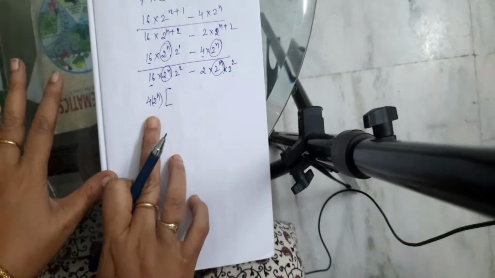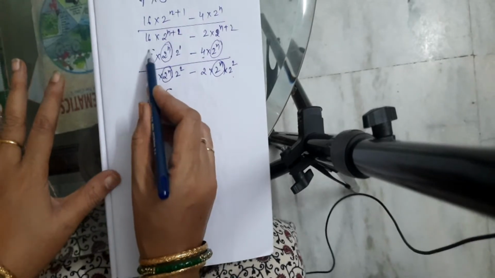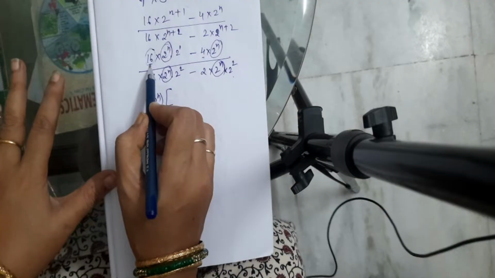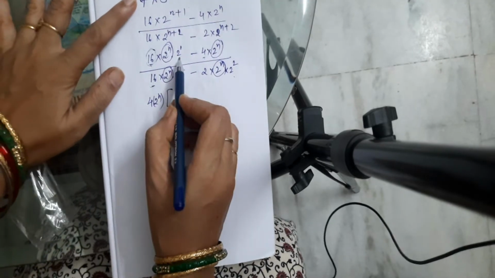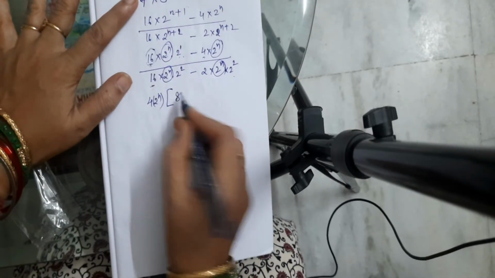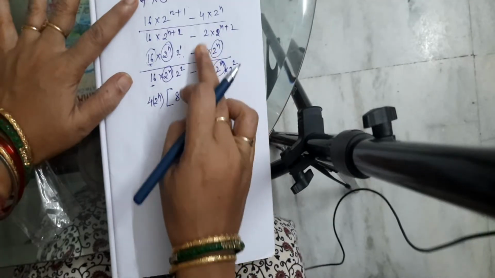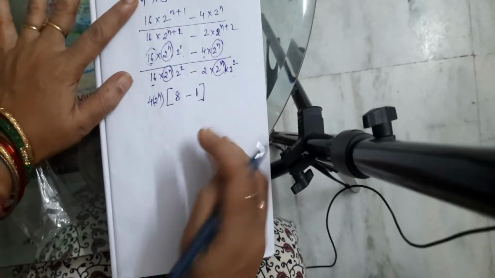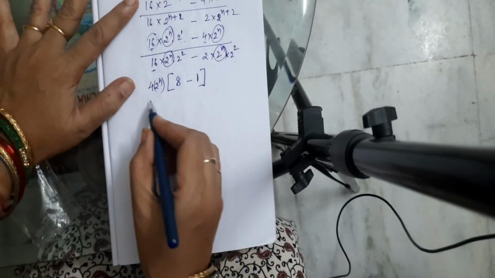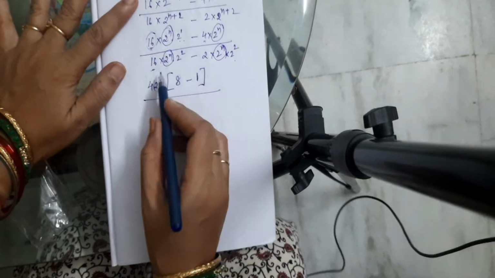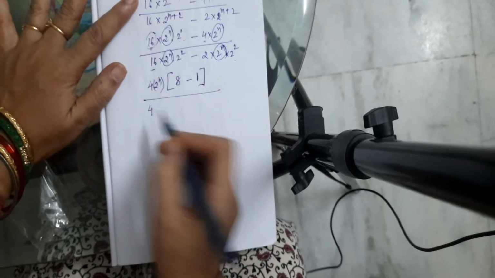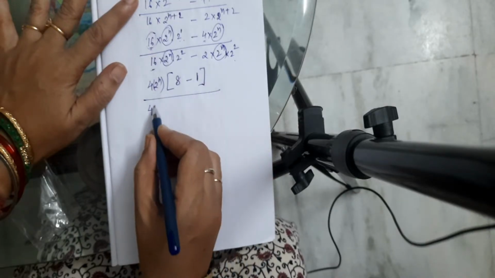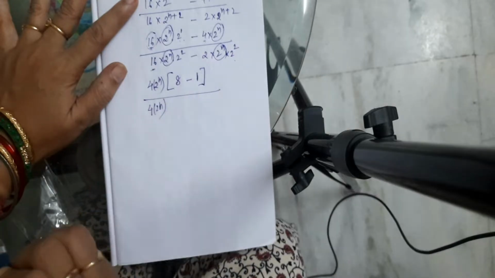If I take 4 common, I am left with 1 here, 4 fours are 16, and moreover 2, so 4 twos are 8 inside the bracket. In the denominator, 4 and 2 raised to n are taken common, so nothing is left out, only 1 is there. In the numerator part, again we take 4 and 2 raised to n common.